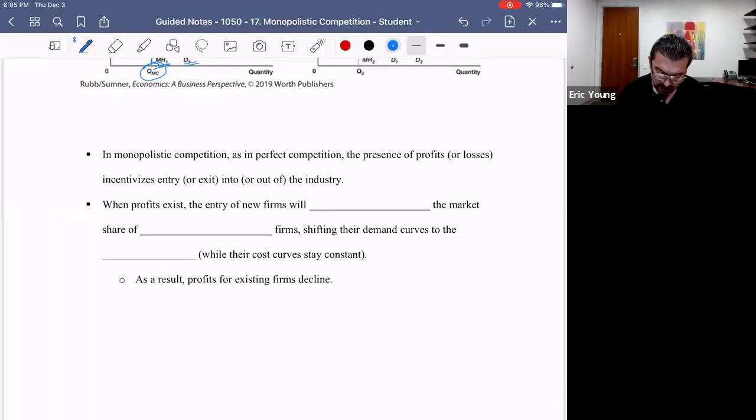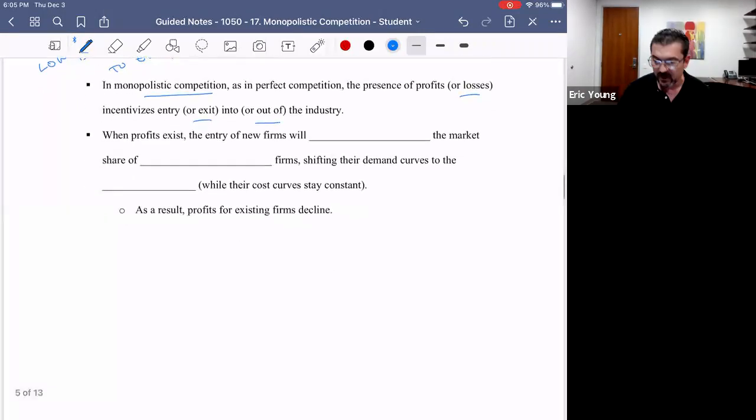And you recall that in monopolistic competition, like in PC, the presence of profits or losses is going to incentivize entry or exit into or out of the industry. Again, this is critically tied to our assumption of low barriers to entry.